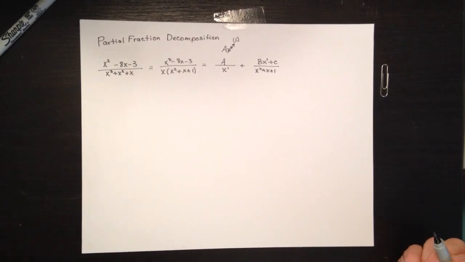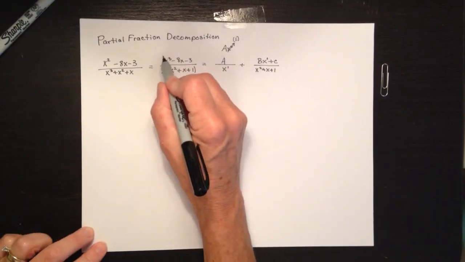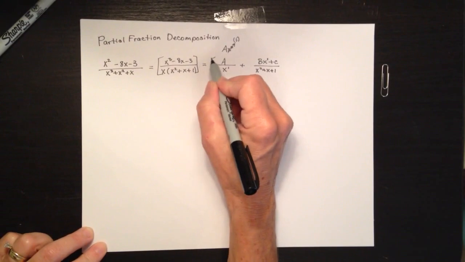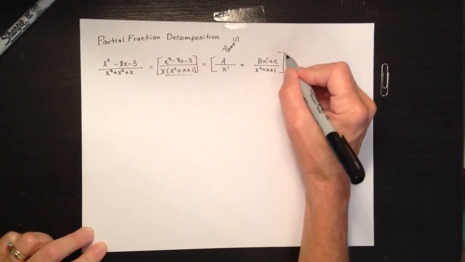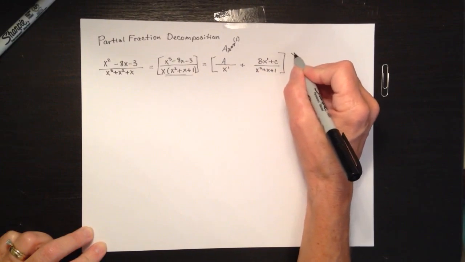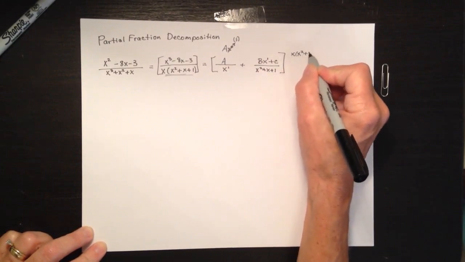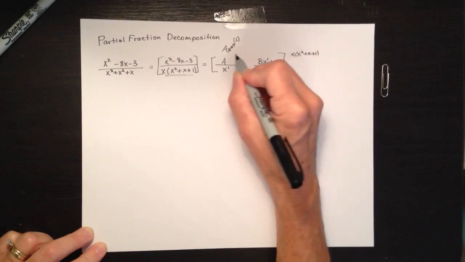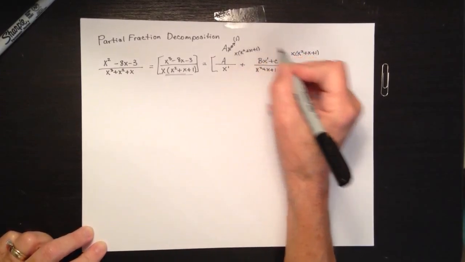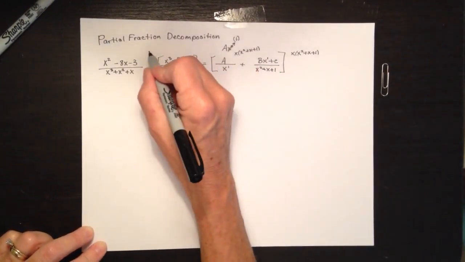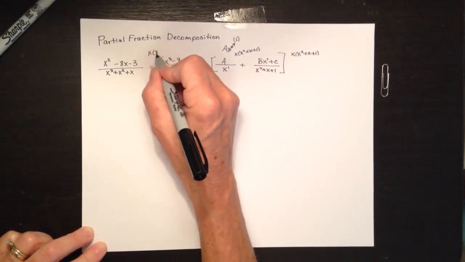We begin by multiplying both sides of this equation by the denominator, and the denominator is always this right here. So I'm going to multiply both sides of this equation by x times x squared plus x plus 1. It gets distributed to both of these terms. It gets multiplied on the left side as well.